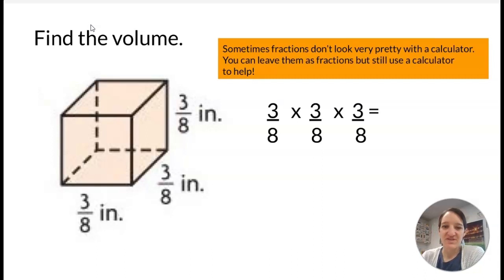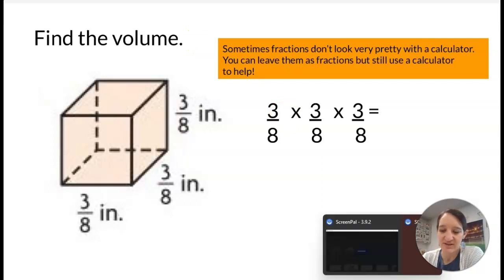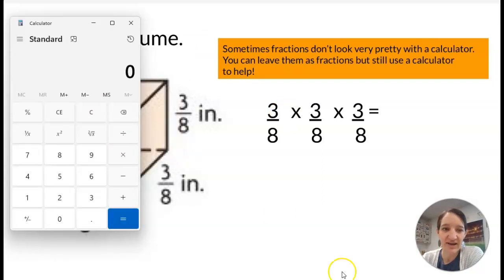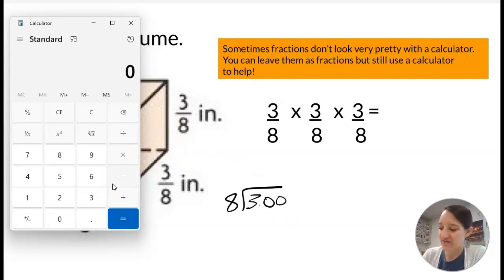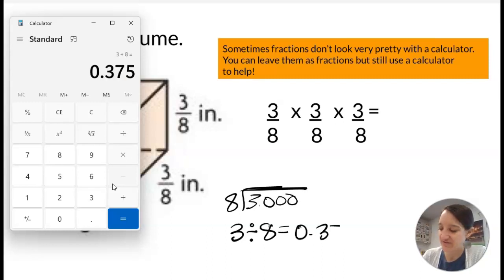Find the volume. So sometimes fractions don't look very pretty with a calculator. You can leave them as fractions, but still use a calculator. So let's do it both ways here. 3/8, if you remember. If not, then you can fraction hating troll it, right? Or you can put in your calculator 3 divided by 8. 3 divided by 8 equals 0.375.